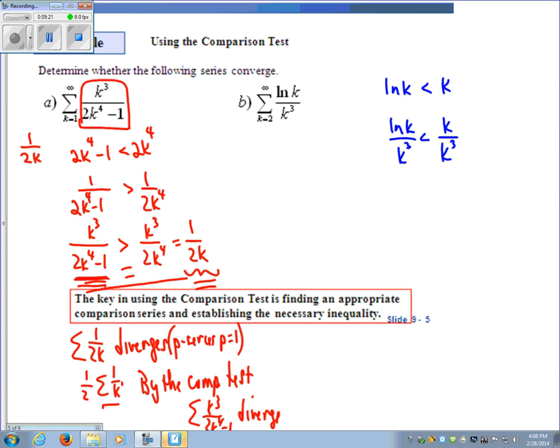I can multiply both sides by the same positive number without affecting my inequality. So I chose 1 over k cubed to multiply by. Now this k over k cubed is just 1 over k squared. So what I've just established is that this term is less than a term of the series 1 over k squared. And I know that the series 1 over k squared, which is a p series with p equal 2, converges.